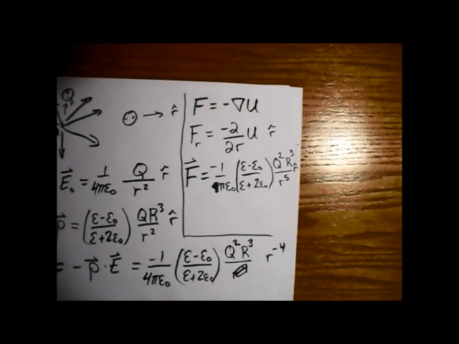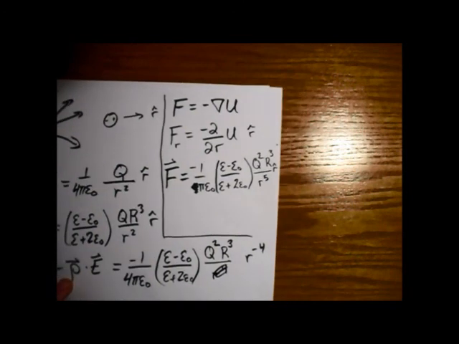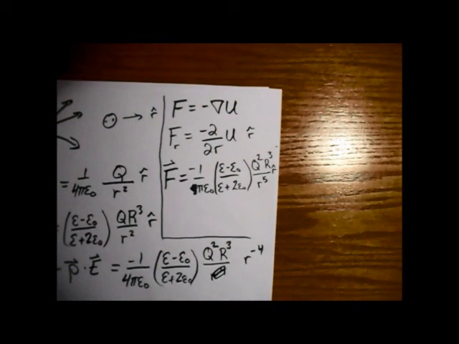But this sort of force is what's responsible when you rub a balloon on your hair and stick it to the wall, or put it next to a faucet with a thin stream of water, and the water will bend towards the balloon or the comb or whatever you have charged. You're inducing dipoles in the wall, or taking advantage of the dipoles in the water. And there's an attractive force between the wall and the balloon.